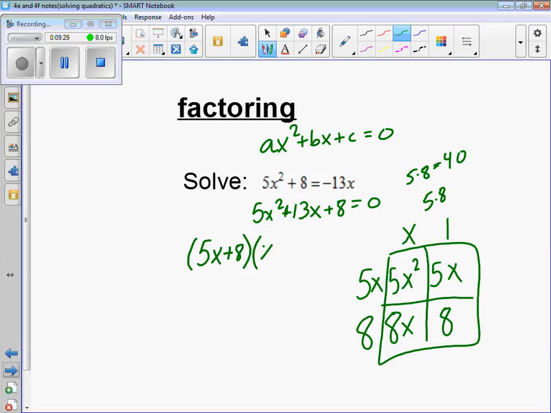Now we have to look at what numbers we can put in for each x that would make this equation equal 0. The easiest way to do this is just to break up the factors and set them both equal to 0, and solve for each one.